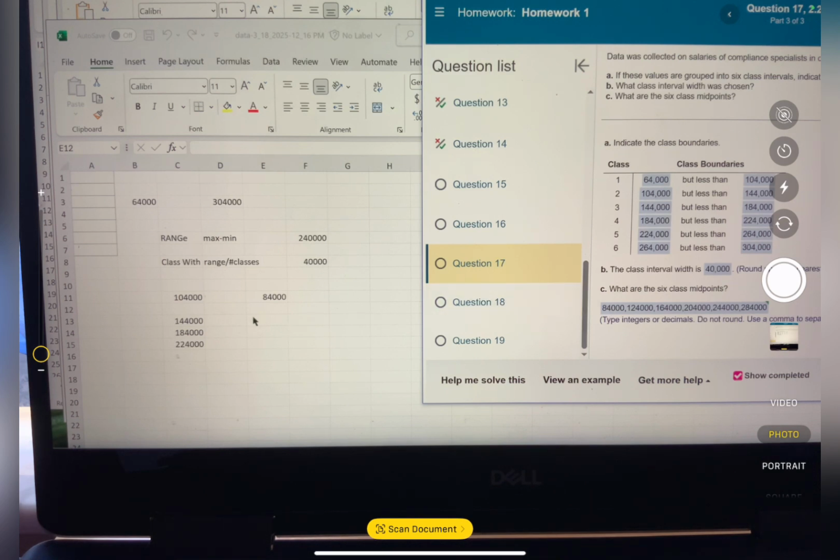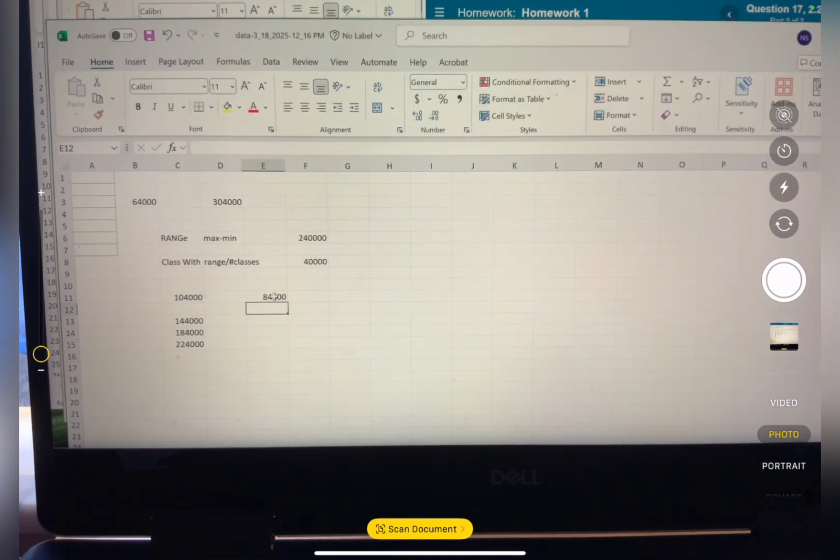Then this one, the same way. The next one is in parentheses 104,000 plus 144,000, and divide by 2.